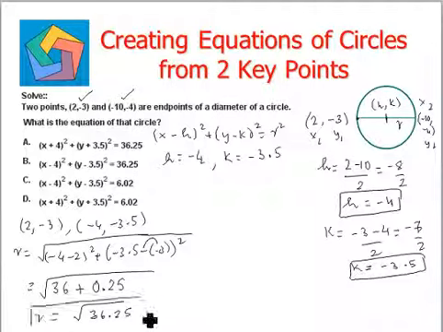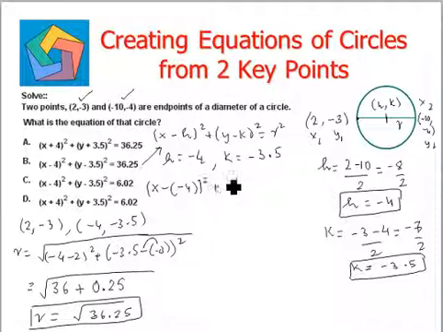Now we have h and k. All we need to do is plug in the values in the equation of the circle. So this is x minus negative 4 whole squared plus y minus negative 3.5 whole squared equals square root 36.25 whole squared.